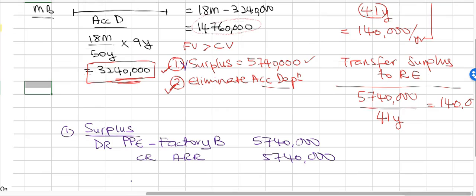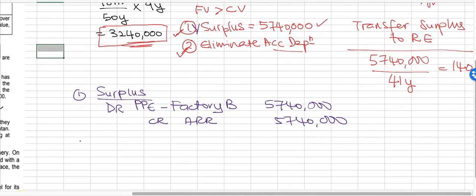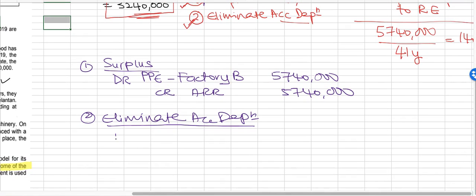5740. And then the next entry is to eliminate accumulated depreciation. Now when you create accumulated depreciation, you credit accumulated depreciation, and when you credit accumulated depreciation, it increases.